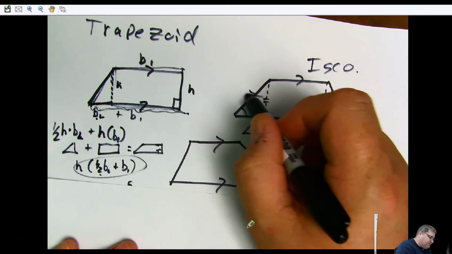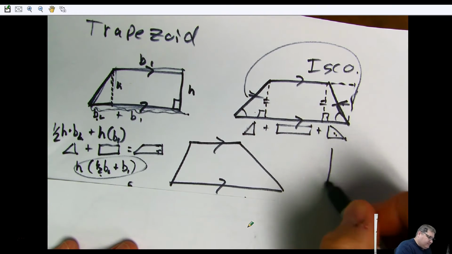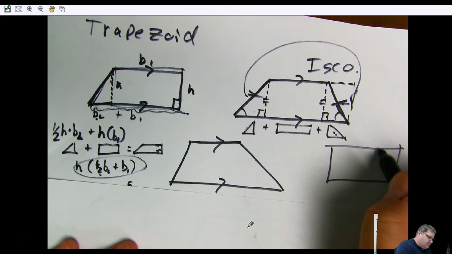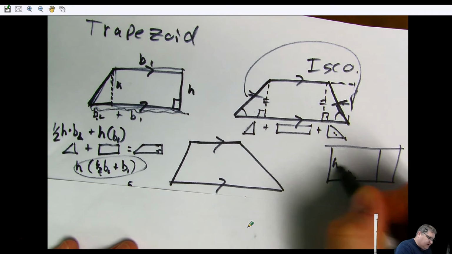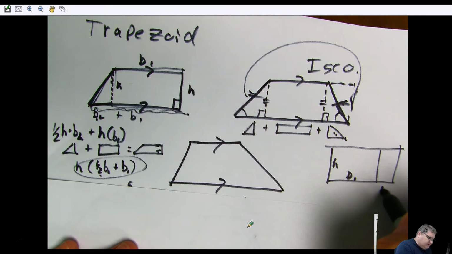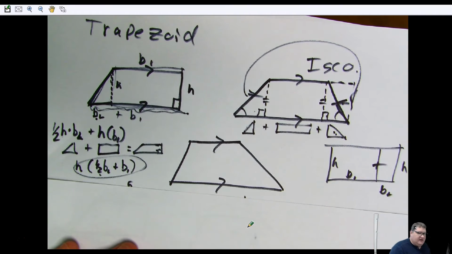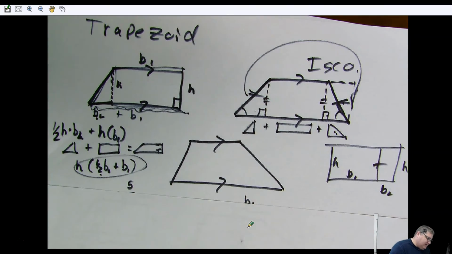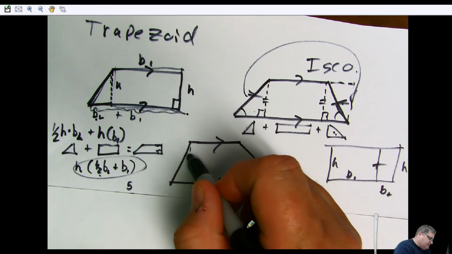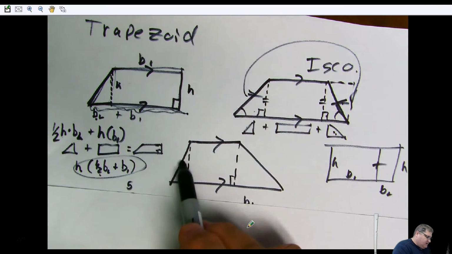In essence, if I took this over here, I could make a nice rectangle out of the rectangle bits, base 1 times height, base little times the height, and just add those two up, and that works out because they happen to match.